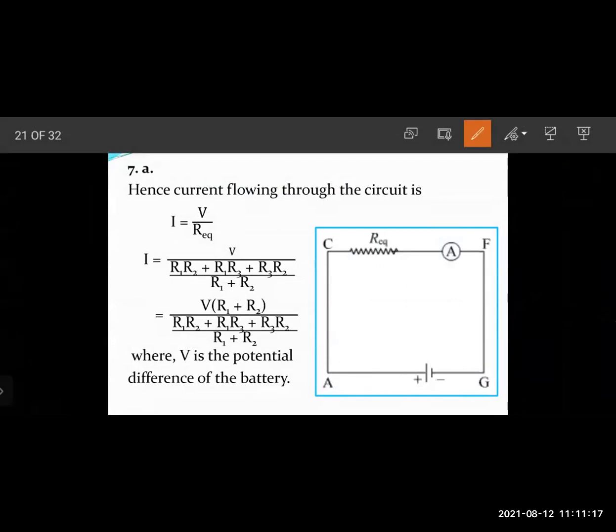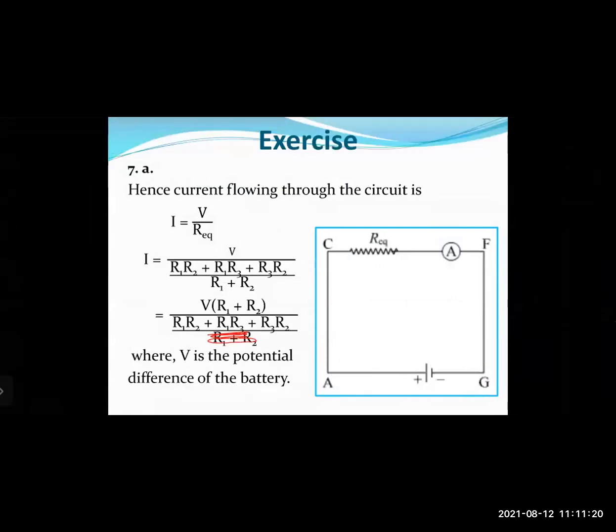This R1 R2 is not there, students. You can just strike it off. You have only this, because this R1 R2 will go upwards, right? So it is just this much part. That bottom R1 R2 will not be there because it has moved upward. It's just because of a mistake in the typing.